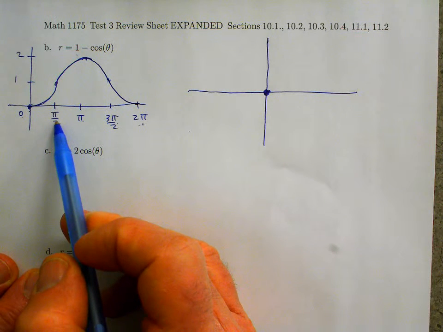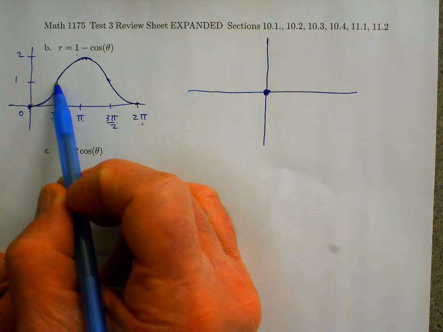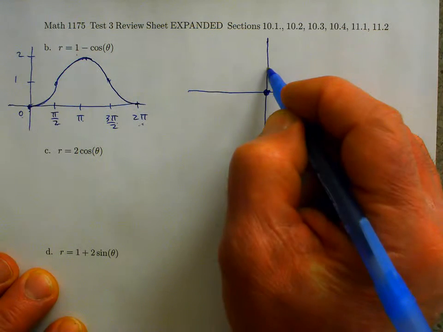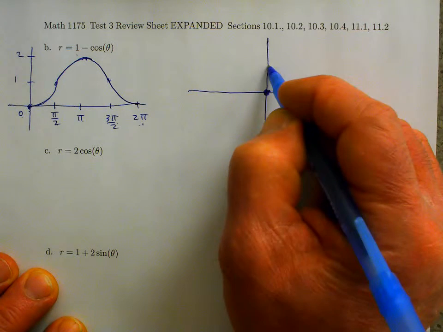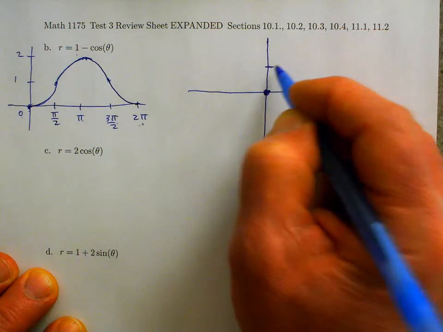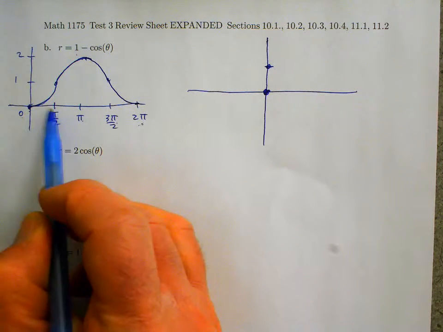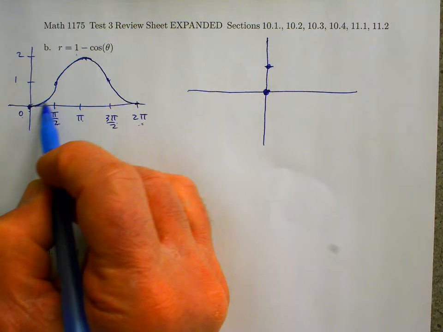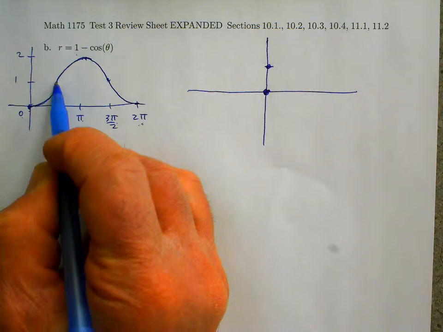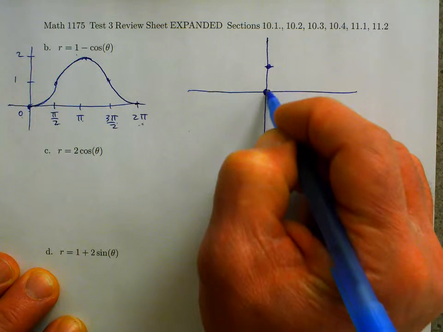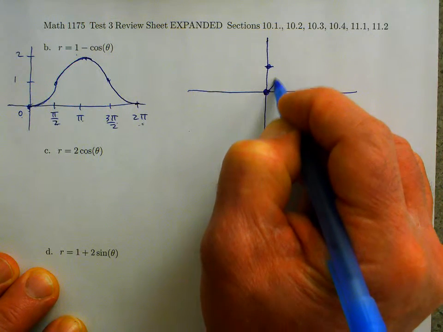At pi over 2, the r value is 1, so we're on the positive vertical axis. Between 0 and pi over 2, the r values are pretty short, and then they jump to 1 all of a sudden.